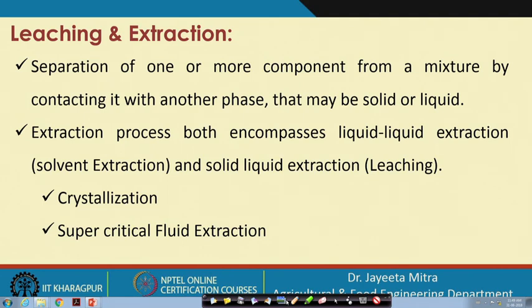So, the component that we want to separate may be one component or more than one component, and there may be some solute that we want to extract. Extraction process encompasses both liquid extraction, that is called solvent extraction, and solid liquid extraction, that is called leaching. I have already mentioned that we are not covering here distillation or adsorption, all those techniques.